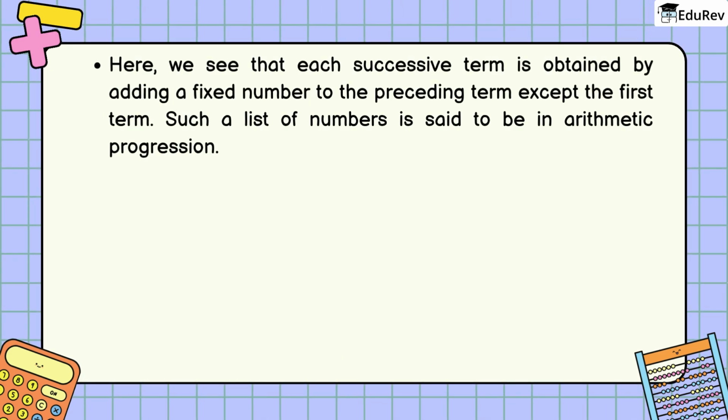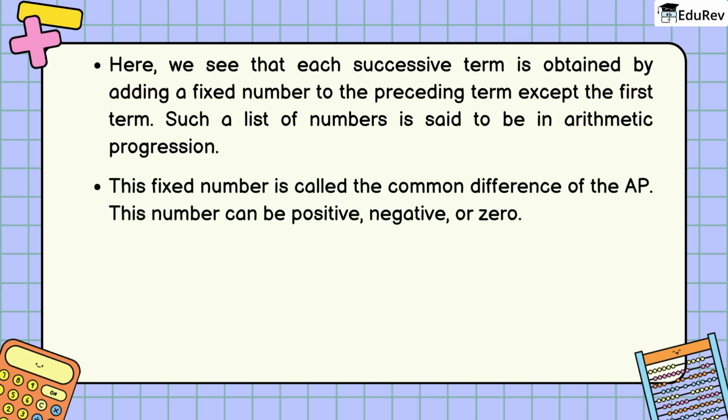Here, we see that each successive term is obtained by adding a fixed number to the preceding term except the first term. Such a list of numbers is called an arithmetic progression. The fixed number is called the common difference of the AP. This number can be positive, negative, or 0.